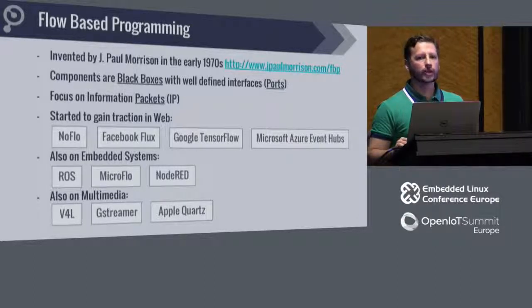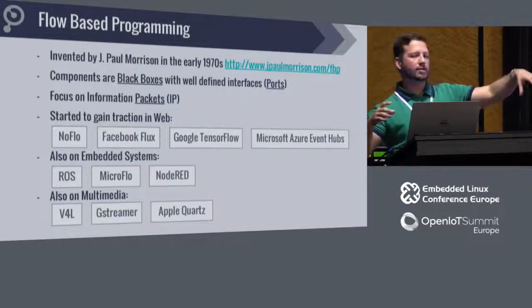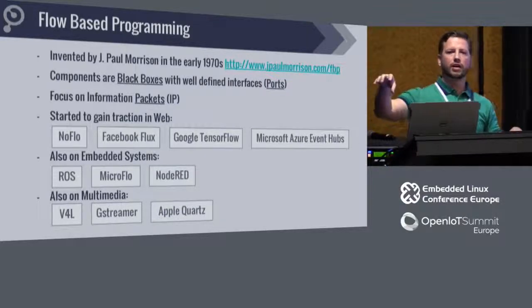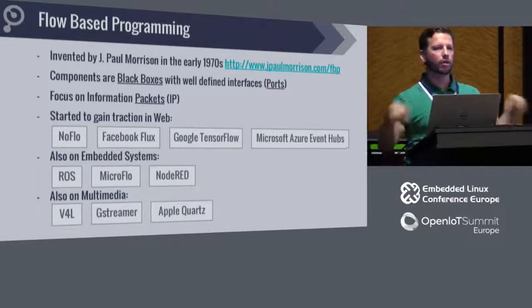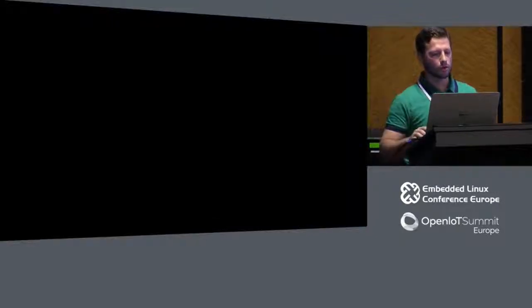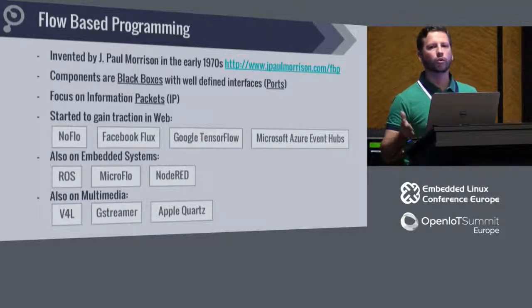And also on embedded systems. If you ever heard about ROS, the Robot Operating System, it's all about having some boxes. So this is the stabilization box, this is the image tracing box, this is the GPS. You link them all and the robot works. There is a nice one called MicroFlo for microcontrollers, and Node-RED, which you saw today at the keynote.